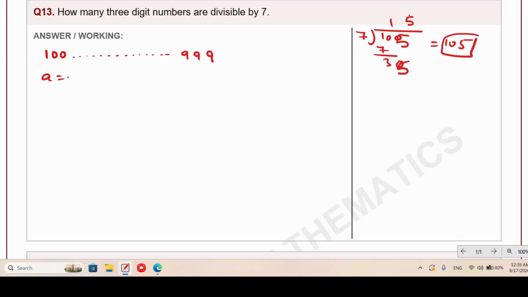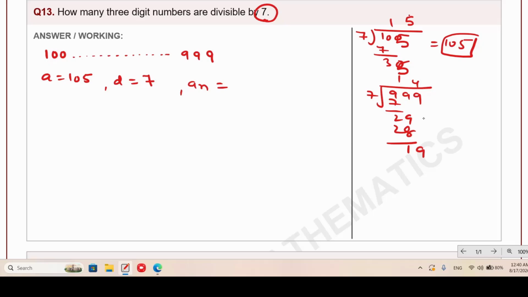So A is equal to 105. And divisible by 7 means the gap is 7, common difference is 7, so D is 7. Now what is AN? Is 999 divisible by 7? Let's see. 7 1s are 7, 2 9, 4 7s are 28, 1 9. No, it is not divisible. It means that the number should be less than 999. So 7 2s are 14.